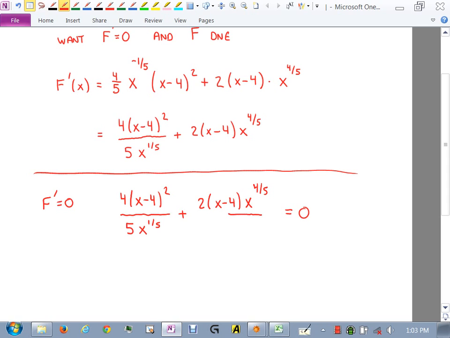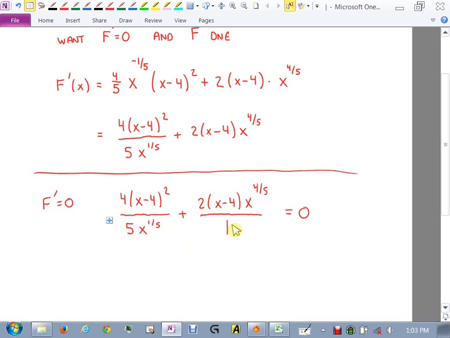Now, since I have 2 expressions, I'm going to put this second one over 1 just to clarify that I'm going to need a common denominator, right? This is a fraction. This one I can look at as a fraction, then equals 0. So let me join these 2 together.